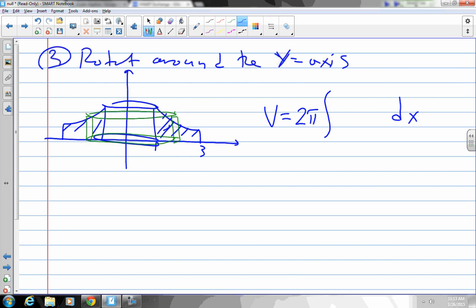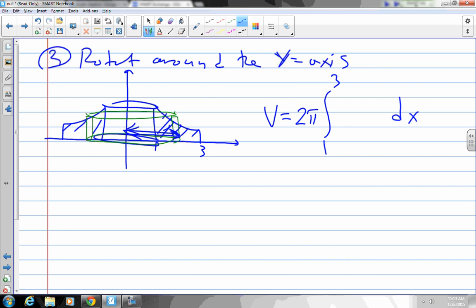So then what are the limits of integration? Yeah, still from 1 to 3, that hasn't changed, right? Well, again, the radius of each shell is simply whatever the x is, right? As you integrate from 1 to 3, x will range from 1 to 3 and will be the radius.